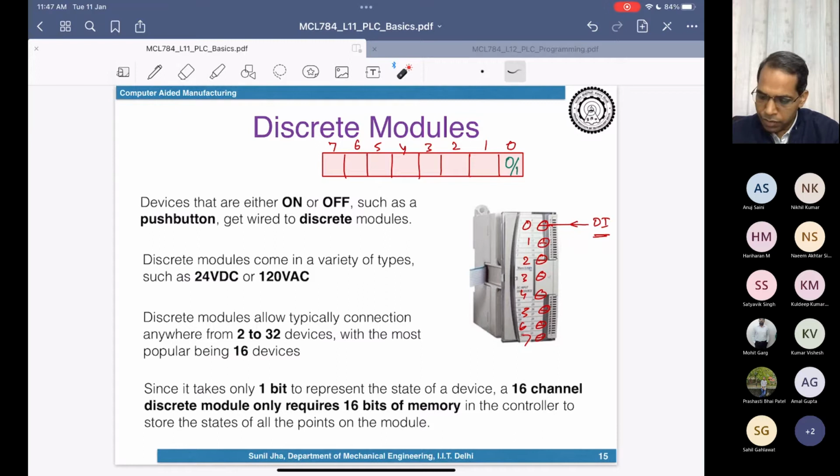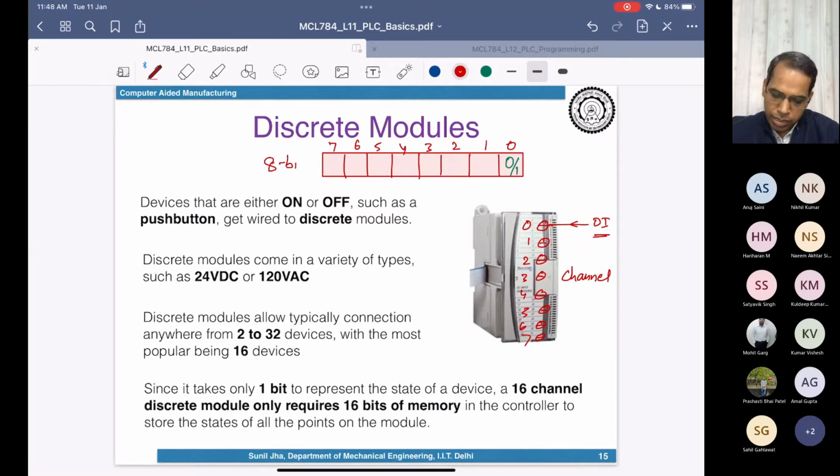And as many devices we are able to interface, we call them channels. So that is the terminology you need to understand. So this is what we are calling a channel. In this case, we have 8 channels. So we will require 8 memory locations in the controller.